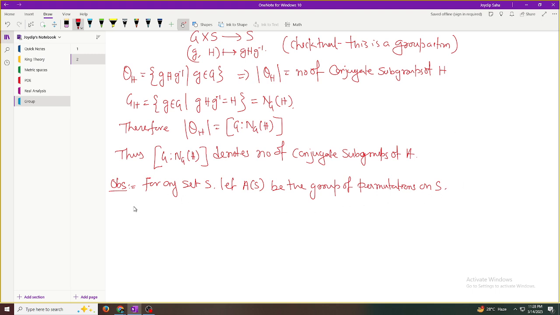Suppose G acts on S. I write theta for this action.